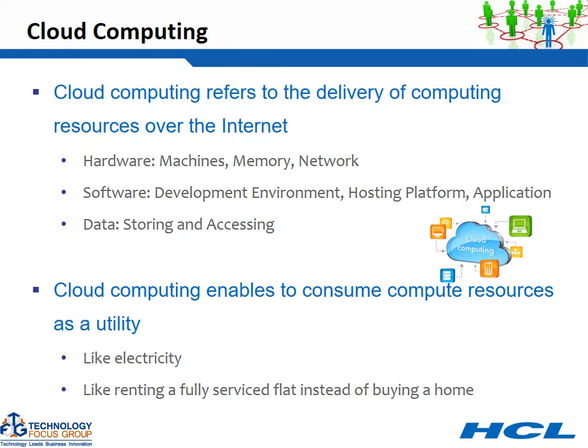So the actual CPU power, the hard disk that is storing our data, and even the software that we normally have installed on our system is on that data center machine. We just connect to the internet and access all those resources from a thin client which we have.